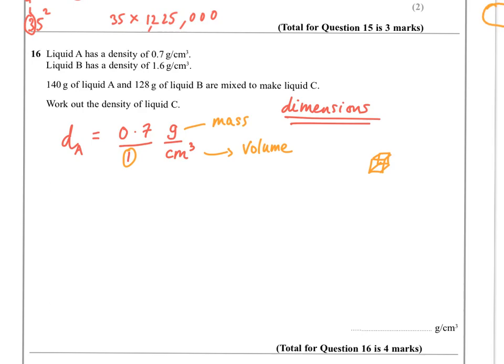So for the density of B, we've got 1.6 grams per 1 centimetre cube.